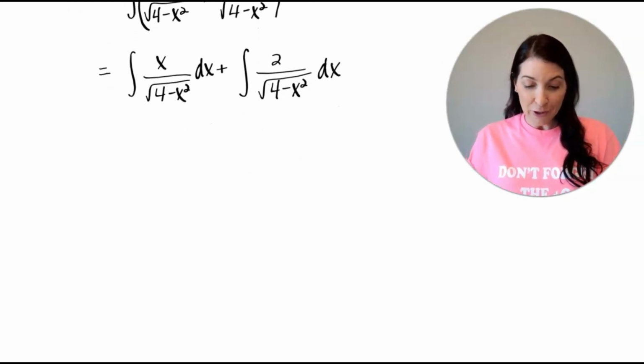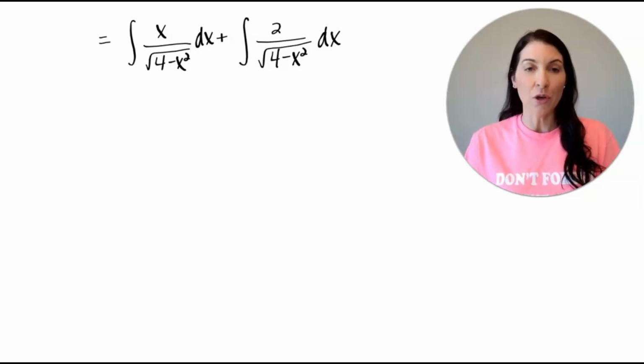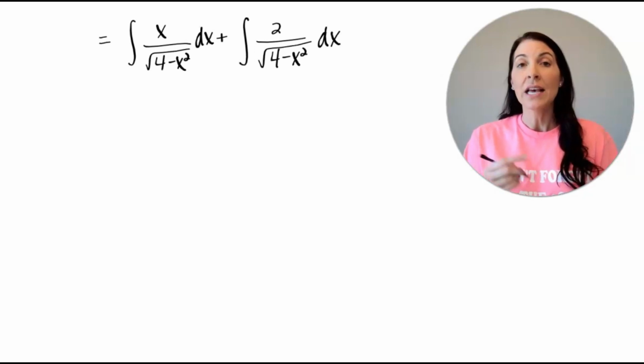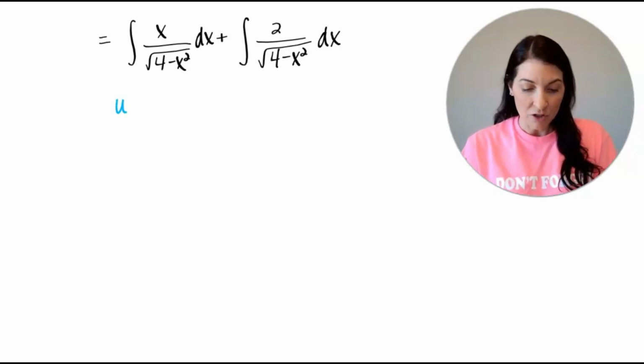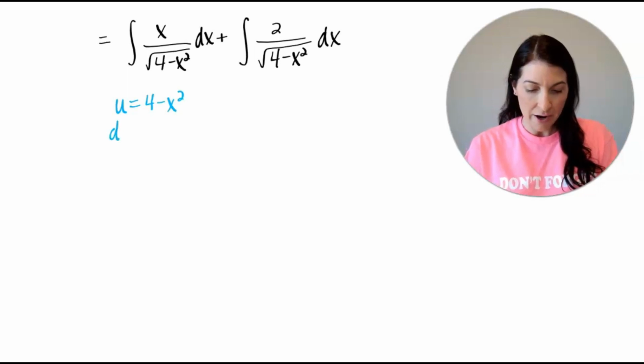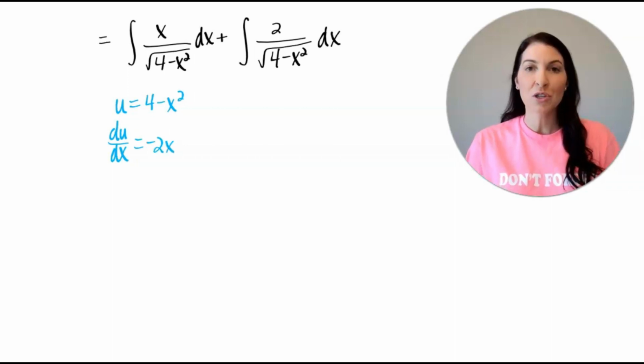So looking at the first integral, the strategy that we're going to use for this one is we are going to set what's underneath the radical, so the radicand, equal to our u. So we are going to set u equal to 4 minus x squared, and the derivative of u with respect to x is negative 2x.